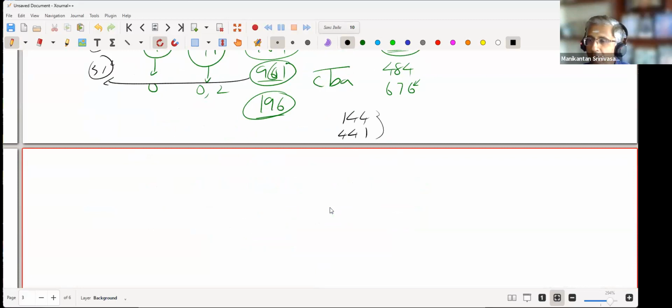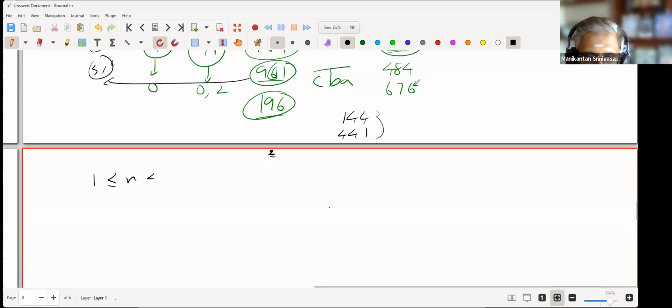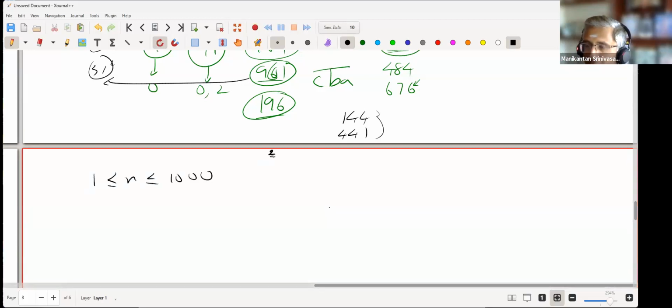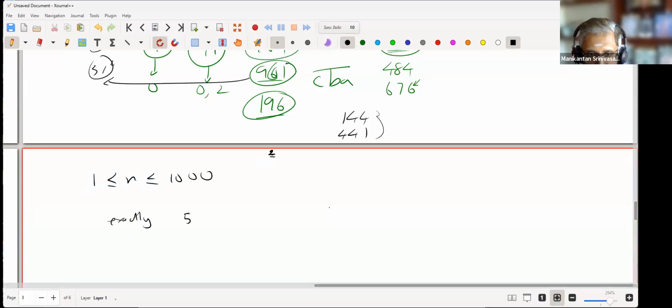How many numbers less than or equal to 1,000, let's say 1 less than or equal to n less than or equal to 1,000, where n is an integer, how many such n's will have exactly 5 factors? Can you guys think about this? How many numbers from 1 to 1,000, both inclusive, will have exactly 5 factors?